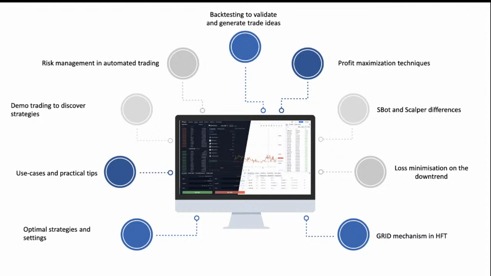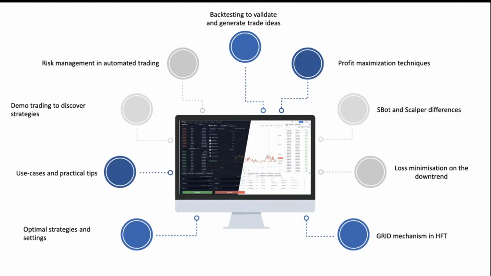I will also reveal some, well, maybe not secrets, but some practical tips related to demo trading and how you can use it to optimize your own trading and to discover new strategies absolutely risk-free. That is something really cool that we have, and I will cover this topic in depth today.